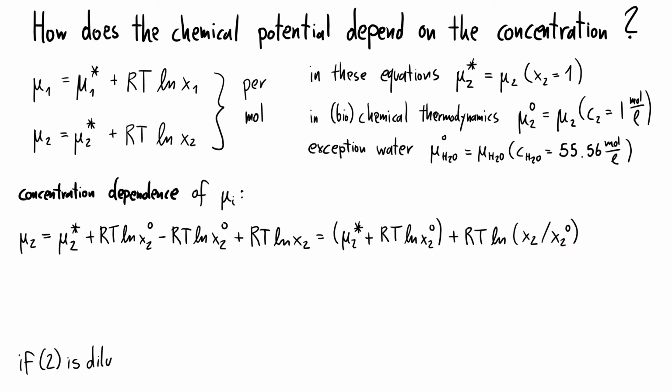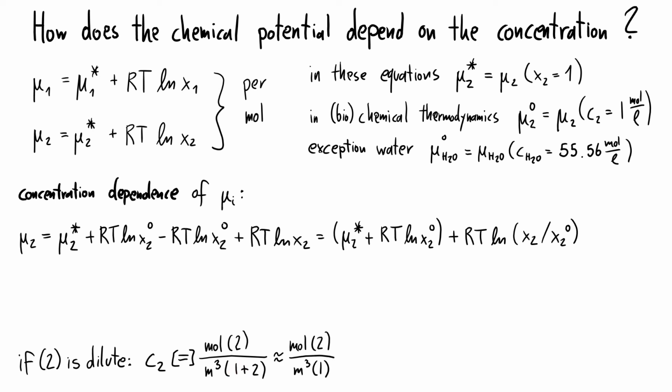Okay, so if the solute component 2 is dilute, then we can write the concentration of the solute rather than the mole fraction, as moles of solute component 2 per cubic meter or per liter of solvent and solute. But if it is dilute, the volume of the solute will be really small compared to the volume of the solvent.